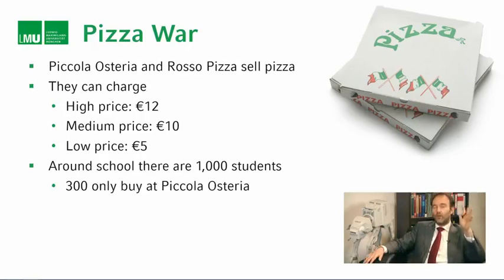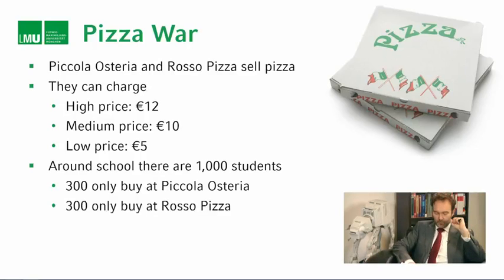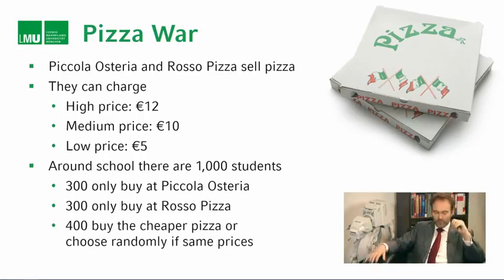They swear on Piccola Osteria being the better pizza place. 300 of those will only ever buy at Rosso Pizza because they like that type of pizza more. And 400 of them will just buy whatever's cheaper, or they choose randomly between the two, whichever has free spaces. Okay?